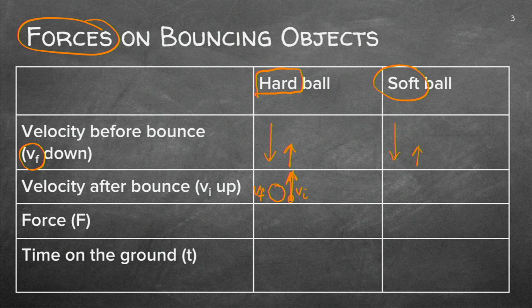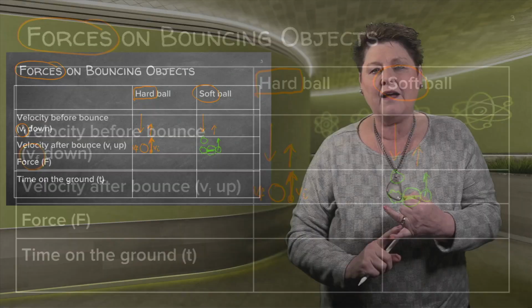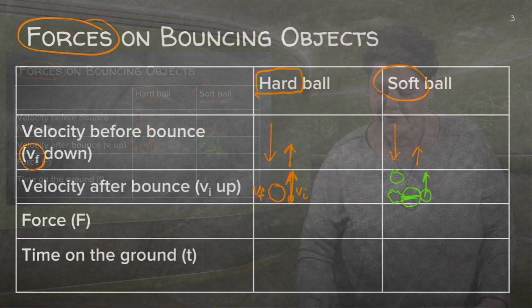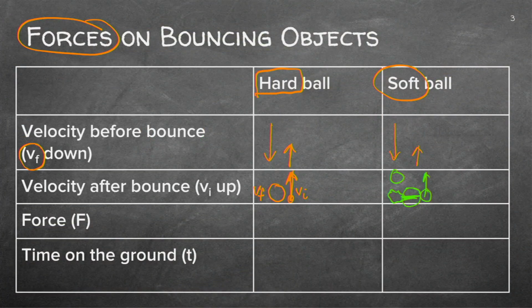When it's a soft ball, remember this ball deformed when it touched the ground. It's usually on the ground a little bit longer and then it'll go up. So remember, something is going to change. It will definitely be the time and it will be this velocity. So we have to know that there are different velocities and, as I said, time.